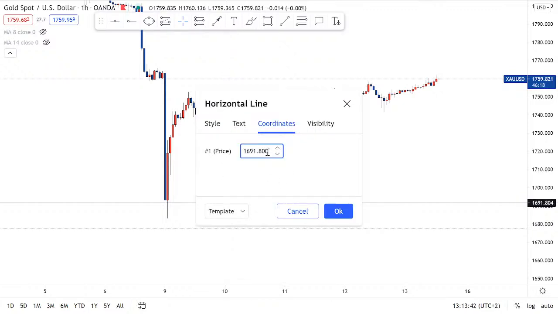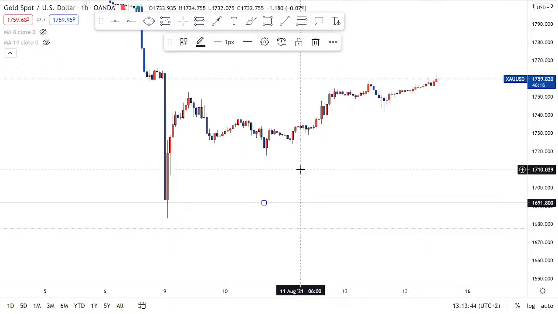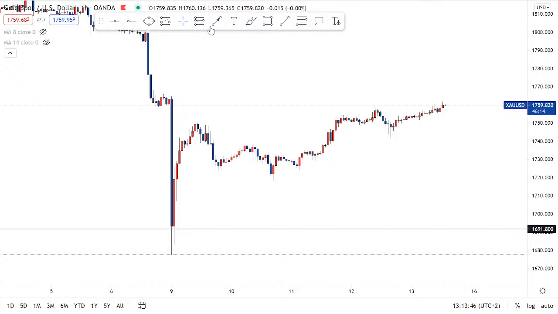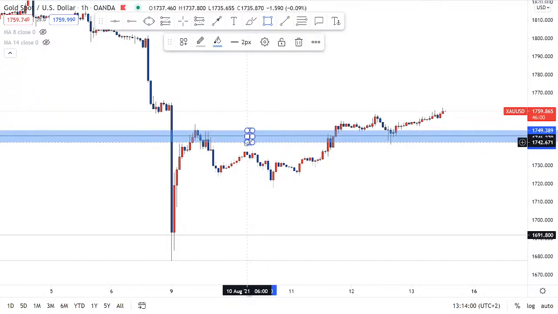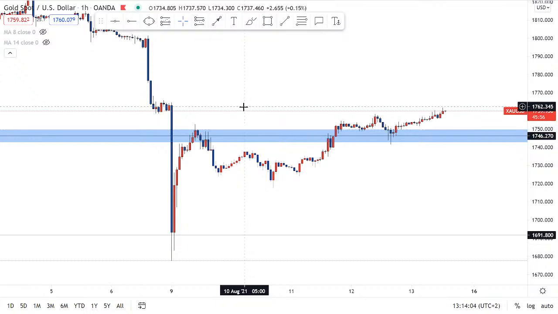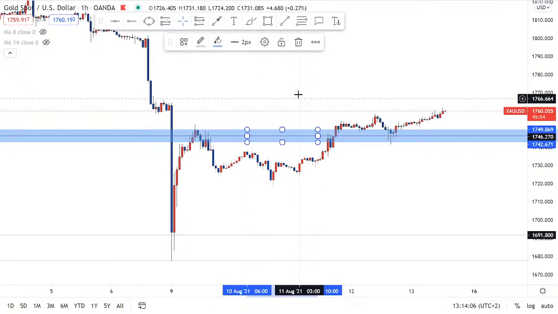I'm gonna say this is my support. Let me use this area here. This is my resistance. So I'm just gonna draw zones.